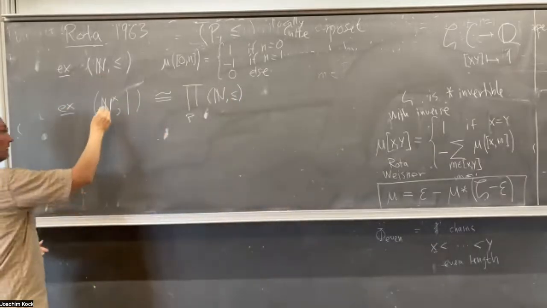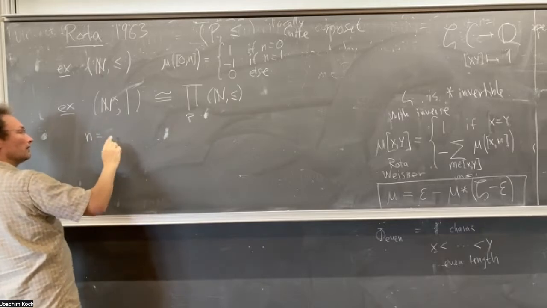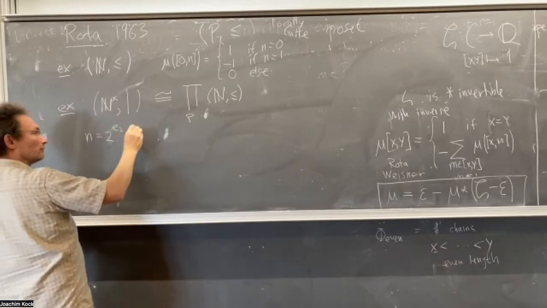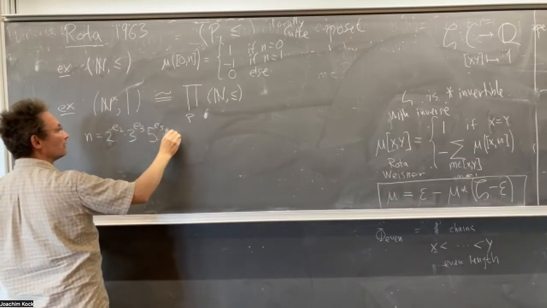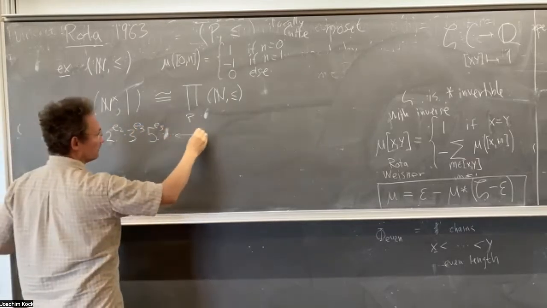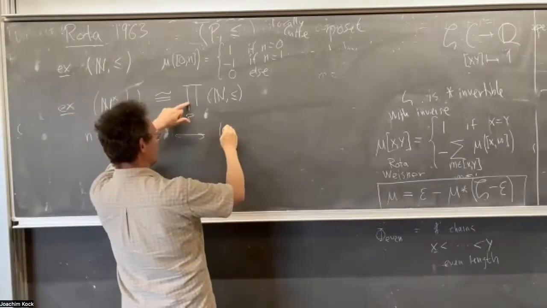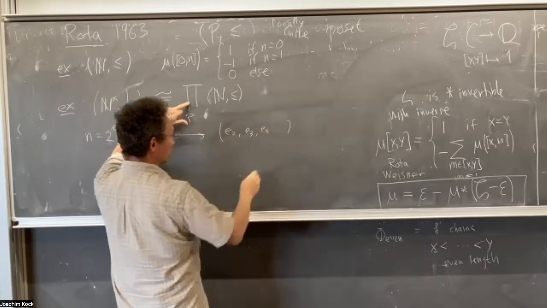So the idea is that you take a natural number here and you write it as a prime factorization. And then the corresponding element in this product set is just the vector E2, E3, E5, and so on.